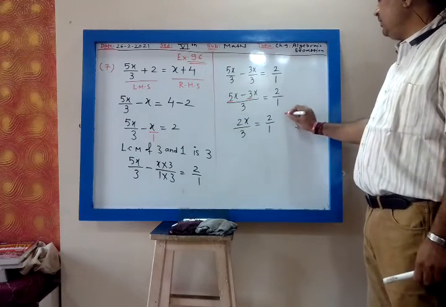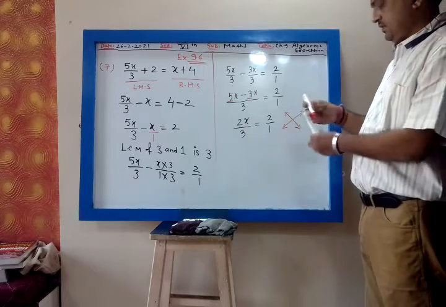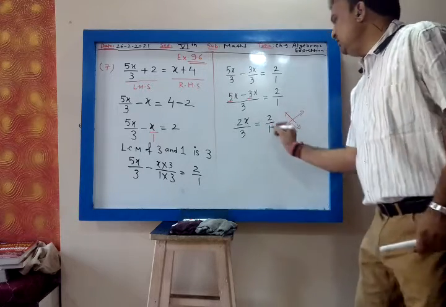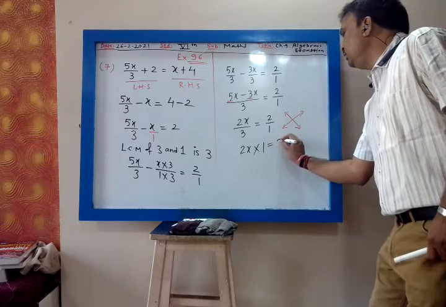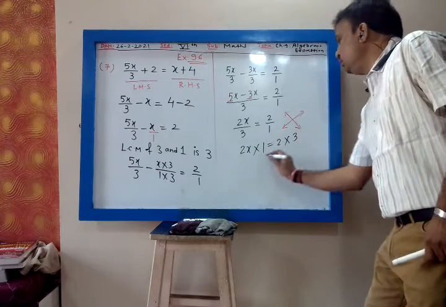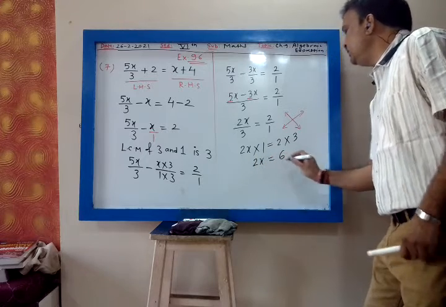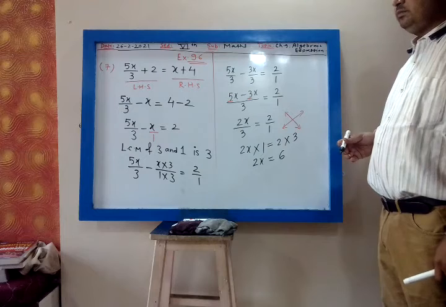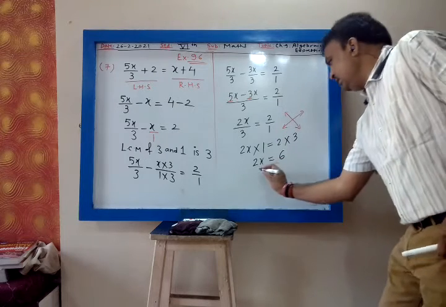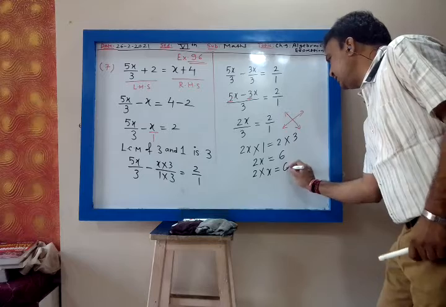So you will get 2x into 1 is equal to 2 into 3. So 2x into 1 means 2x is equal to 3 into 2, 6. What do you mean by 2x? So 2 into x is equal to 6.